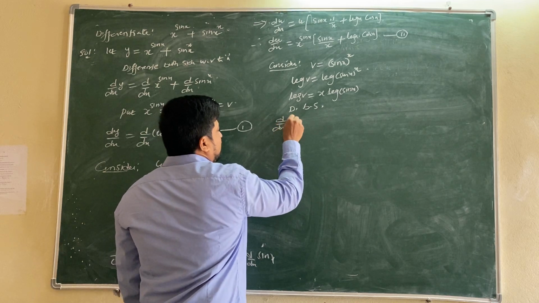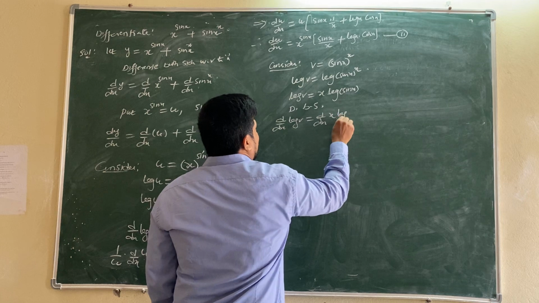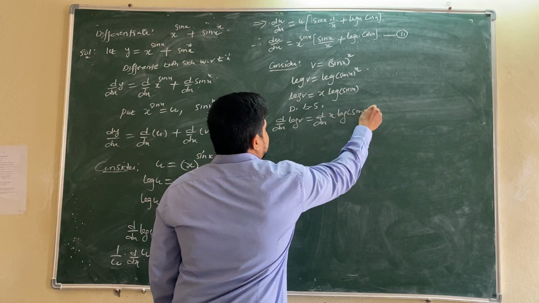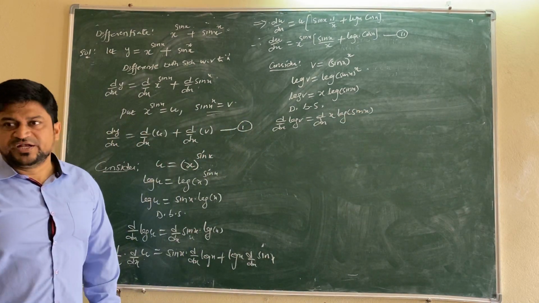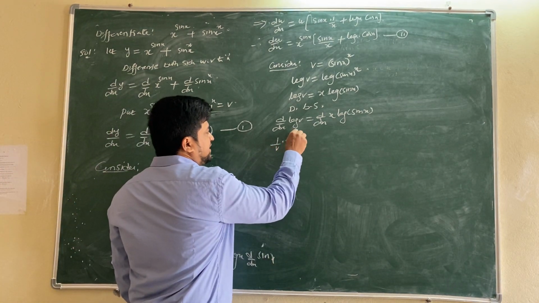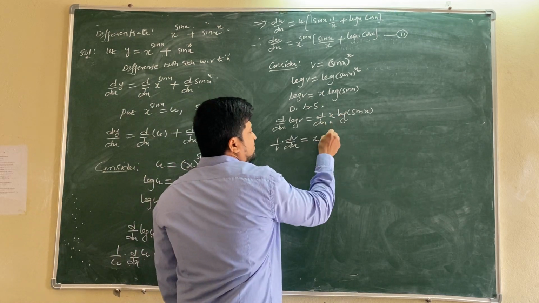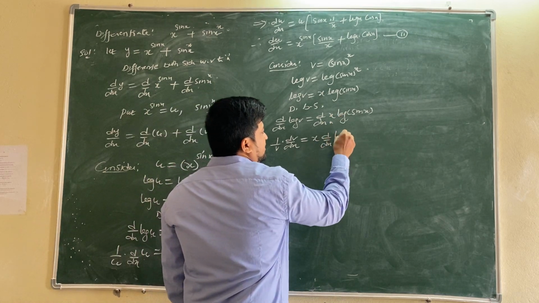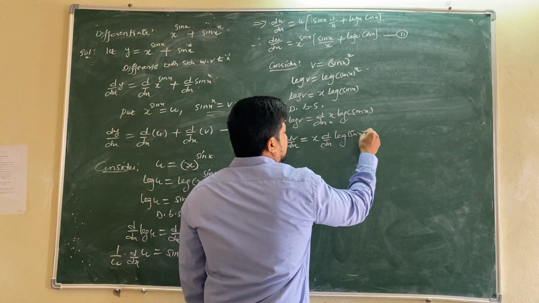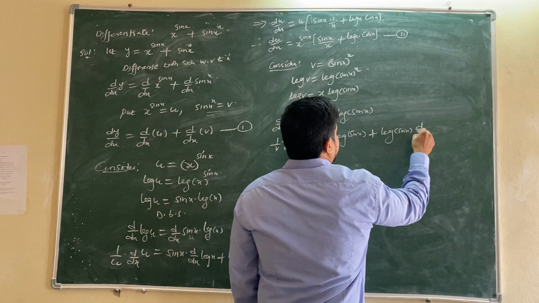D by dx of log v equals d by dx of x log of sin x. Log v derivative, 1 by v dv by dx. This is u and v form. U d by dx of v plus v d by dx of u.